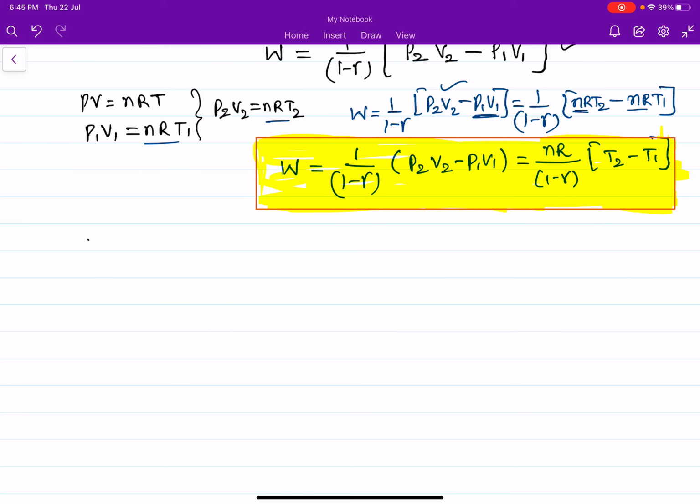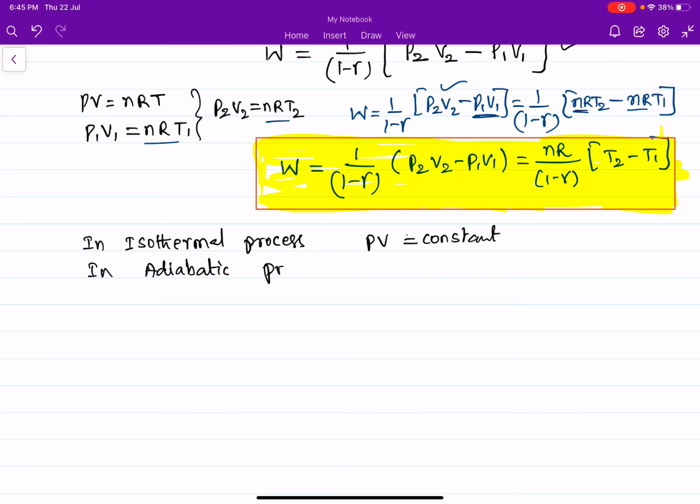We know in an isothermal process, PV is equal to constant, and in an adiabatic process, PV power gamma is equal to constant.